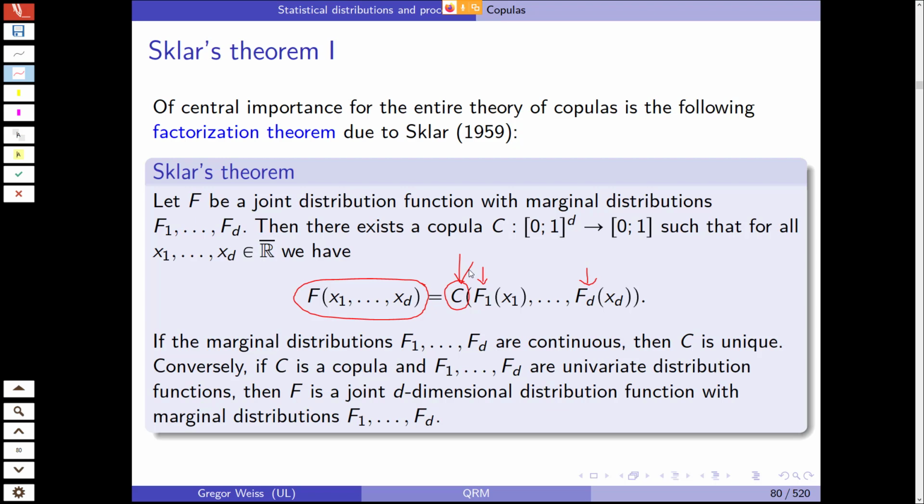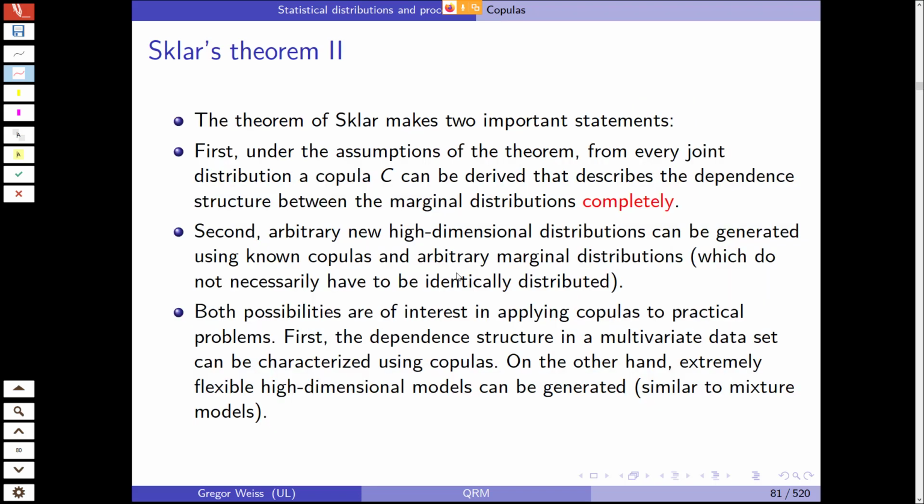Now, the bad thing about Sklar's theorem is that it's not constructional. It doesn't give you any idea how to choose C. It only tells you there is one C, and if the random variables are continuous, then C is unique. It doesn't tell you how to choose C. You don't know anything about C. So these are the two important statements from Sklar's theorem.